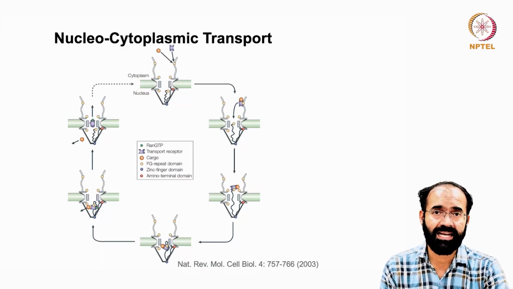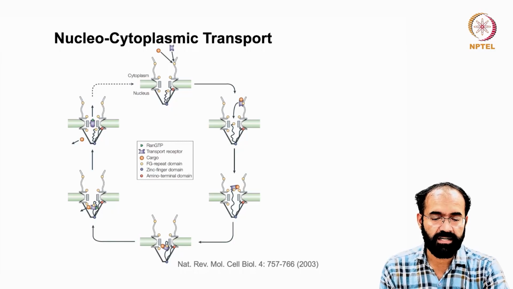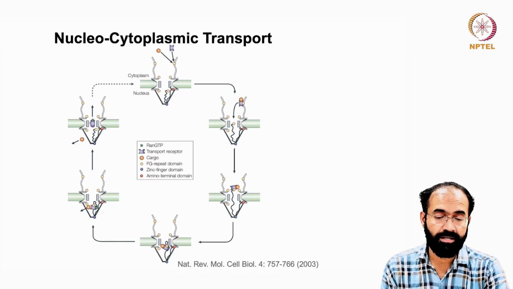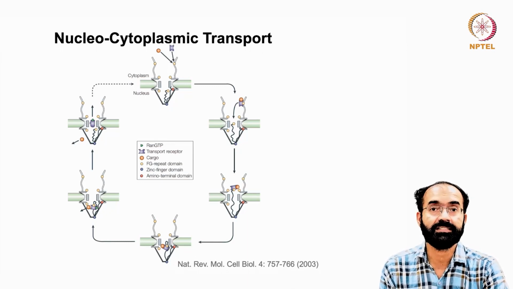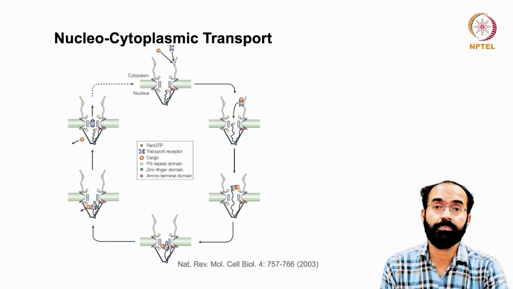FG stands for phenylalanine glycine repeat containing protein, this blue circle is the zinc finger protein, and this reddish circle is the amino terminal domain of the protein. This key is given for our easier understanding. So you can see here, this is the nuclear pore complex. Wherever you see this small yellow circle, it shows FG repeat containing proteins.